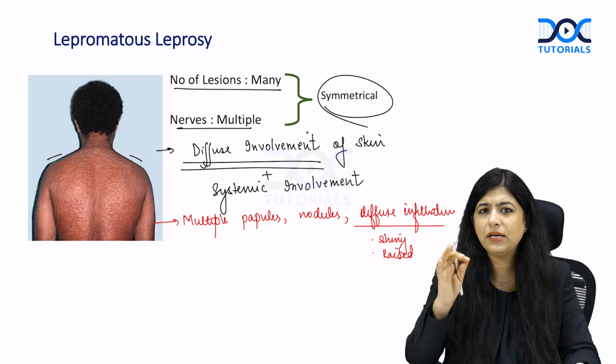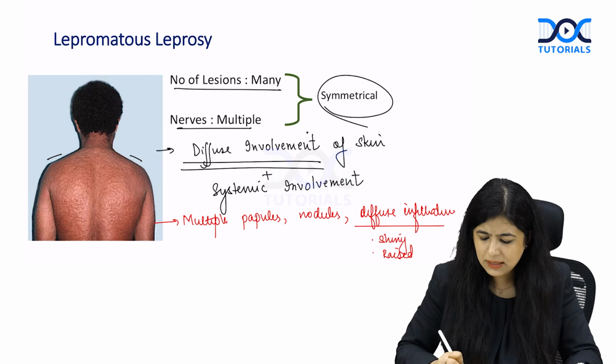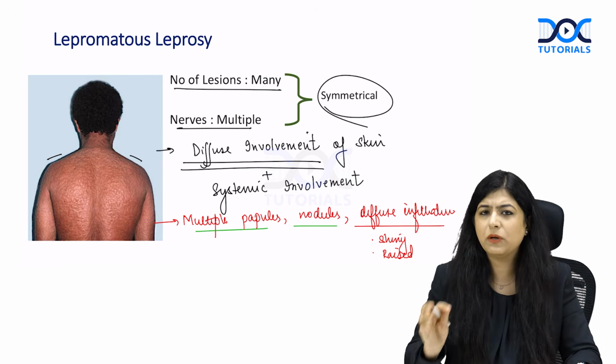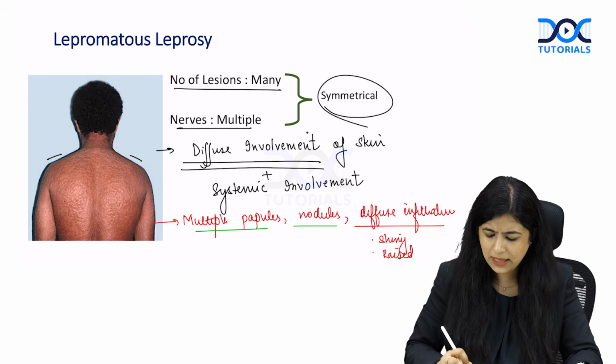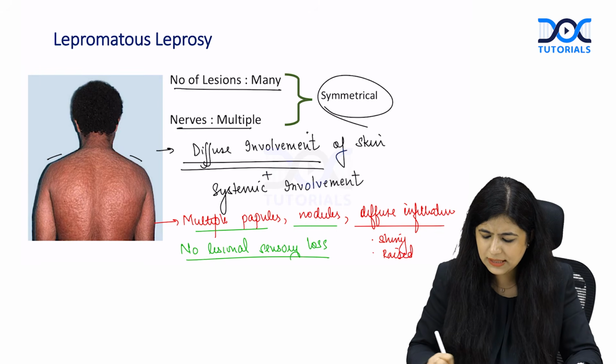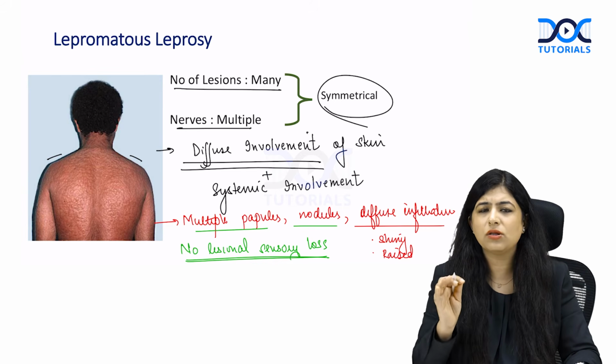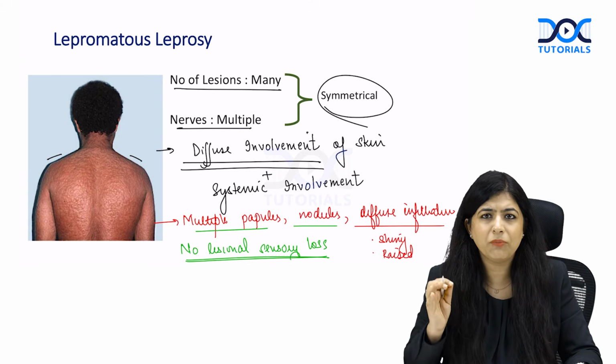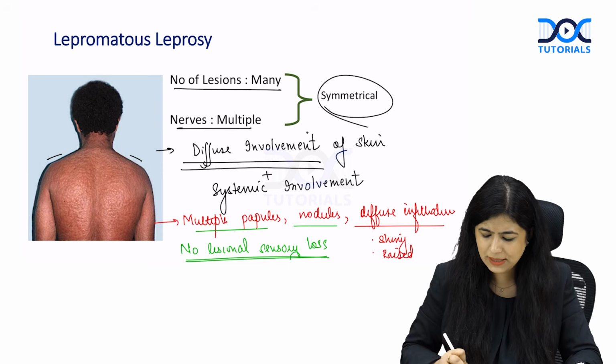Now, an important point to remember in Lepromatous leprosy is, despite the fact that these are multiple papules, multiple nodules on the body, there is no lesional sensory loss in the lesions. Means the sensation in the lesions is normal. That's a very, very important point that you have to remember about Lepromatous leprosy.